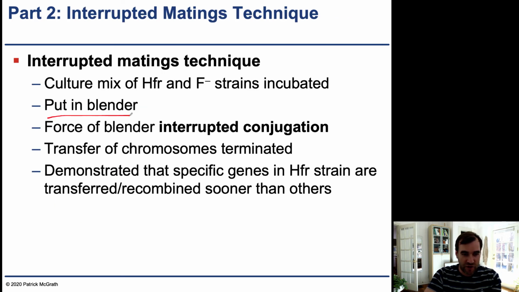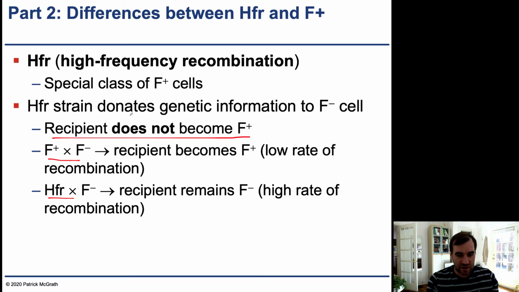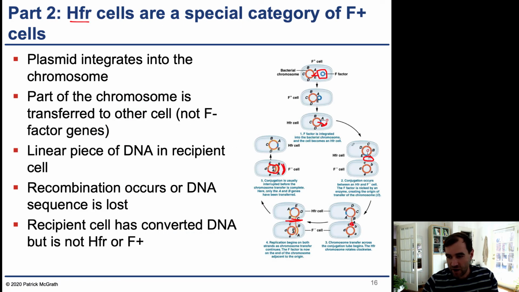If you put these cells in a blender and blend them up, the shearing forces caused by the blender spinning the liquid around will break the pili so that you end the transfer of DNA. It's a way to control how large a piece of DNA is transferred into the recipient cell.